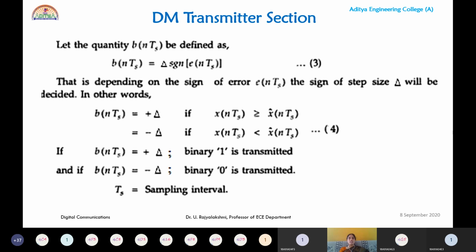Overall, the DM input to the 1-bit quantizer is not exactly sample data, but the difference between the present sample and past sample value. That difference is transmitted via the 1-bit quantizer, and this data is stored as a staircase waveform in the accumulator section.